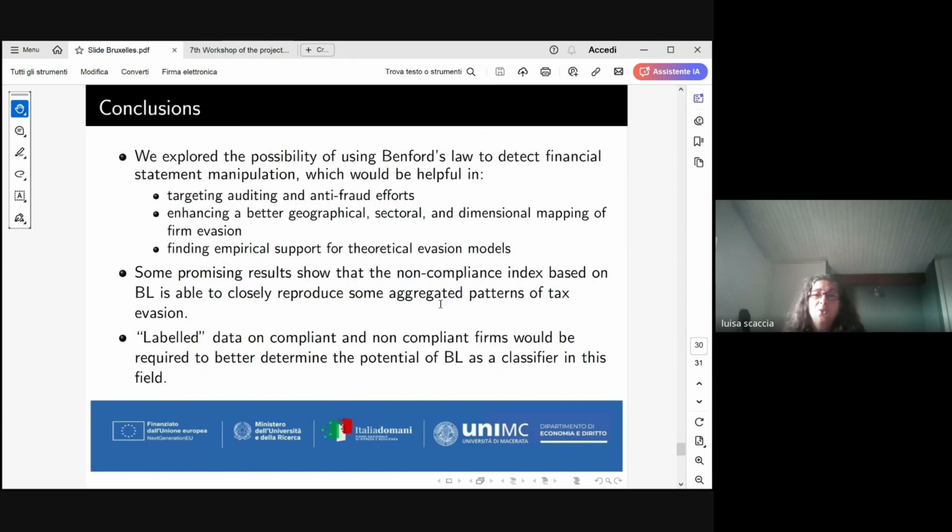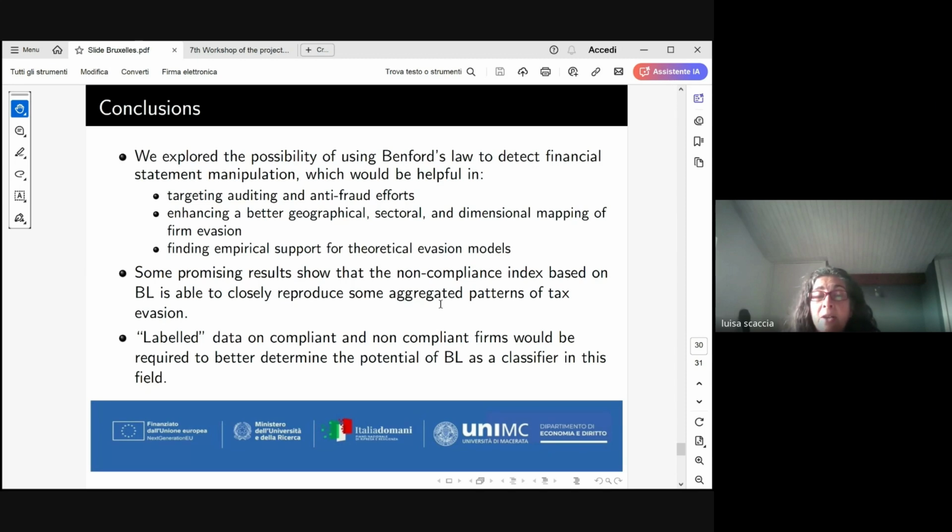So just to conclude, we believe, based on the results we obtained, that Benford law is a powerful instrument that can be used to address auditing and, more in general, anti-fraud efforts in combination with other instruments.